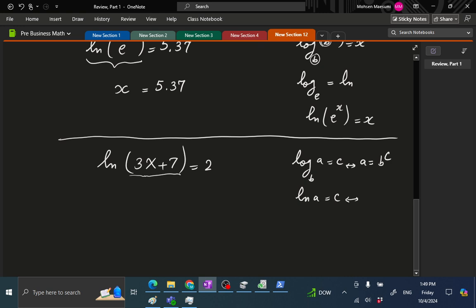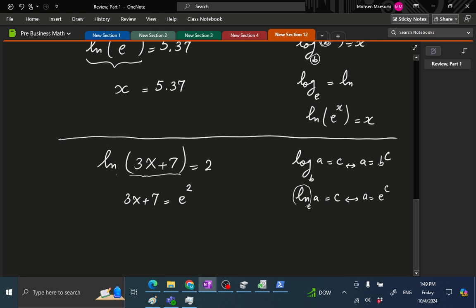This means, well, remember that the base that is used here is just e, so there's really e here. So a is e to the power of c. Whatever the base is, that has to be used. So 3x plus 7 will be e to the power of 2.